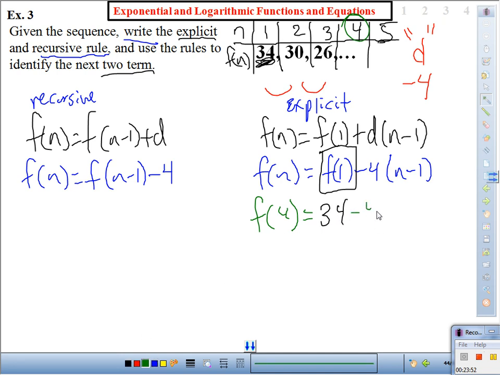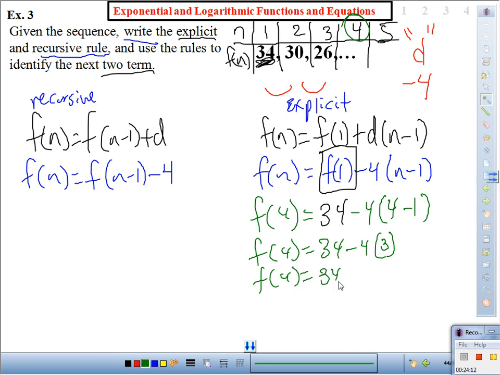Negative 4 times, n was what again? Which one are we working on? 4 minus 1. So f of 4 equals 34 minus 4 times, what is 4 minus 1? 3. F of 4 equals 34 minus 12. So f of 4 equals 22.